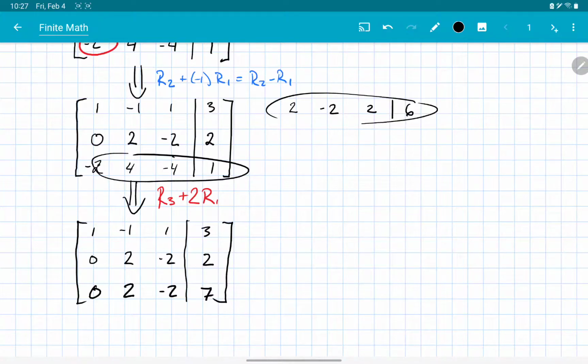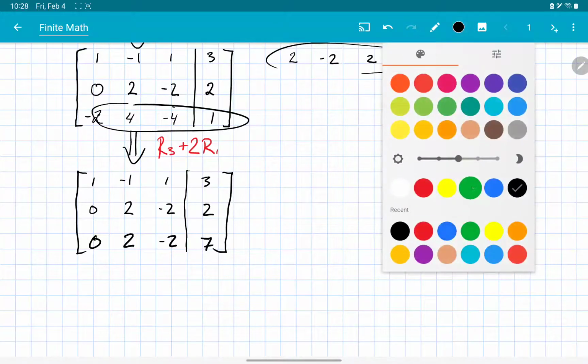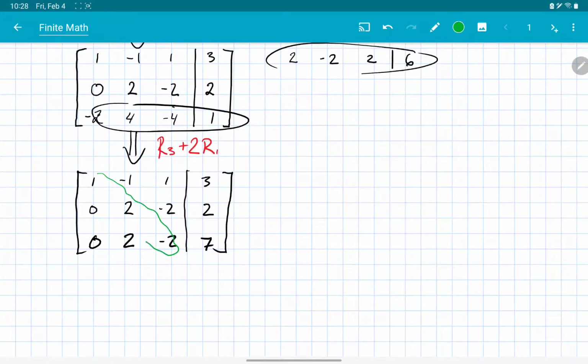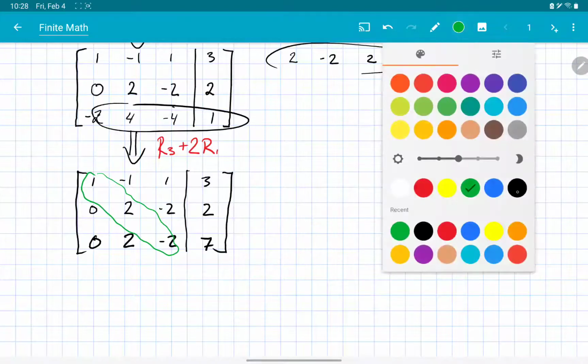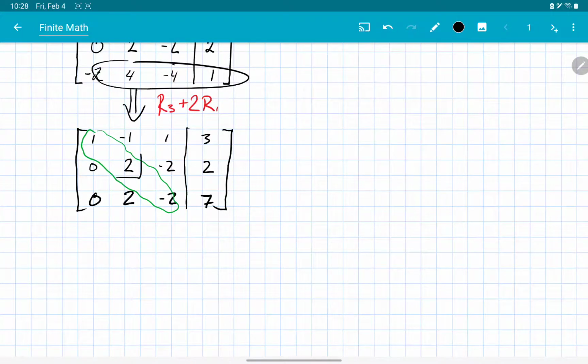Okay. So now I've finished pivoting around the first column. Right. Now the goal, right, is to get ones along the diagonal. The goal is to get these things to be 1 and everything else to be 0. So let's work on this entry here.